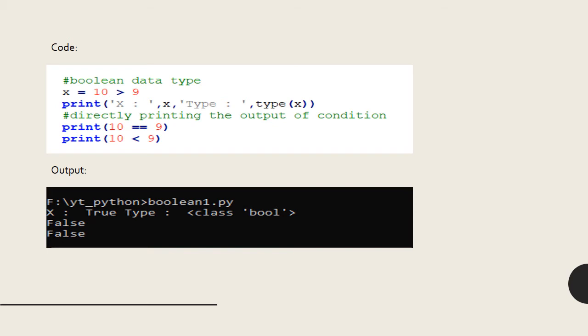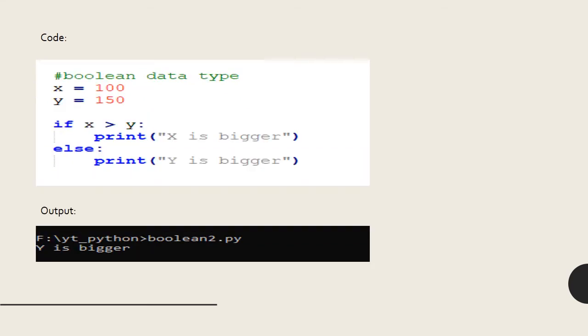In this code we have two numeric values, x equal to 100 and y equal to 150. Now we are using an if statement with a condition. The if statement is used with x greater than y. If x greater than y gives the answer true, it will print x is bigger, and if it is false, then y is bigger will be printed.